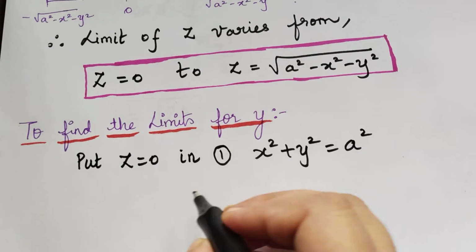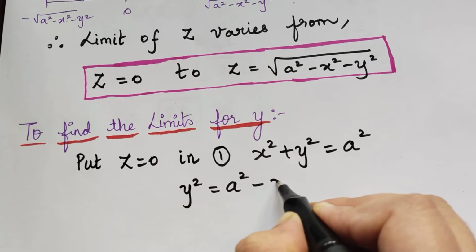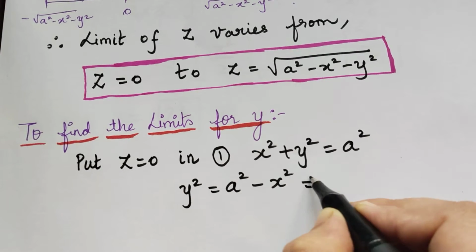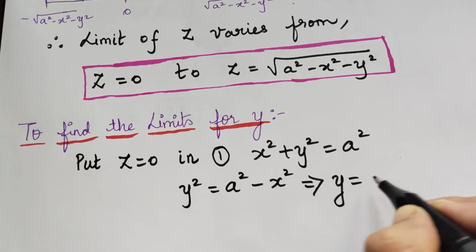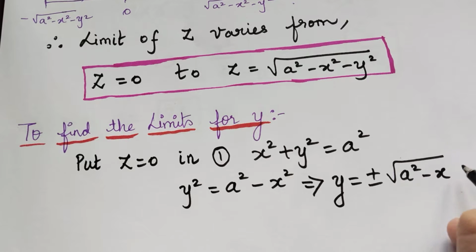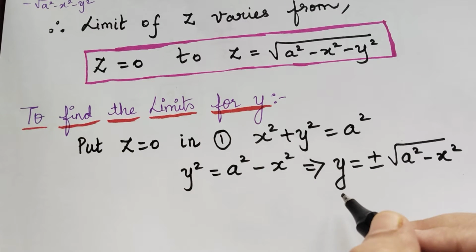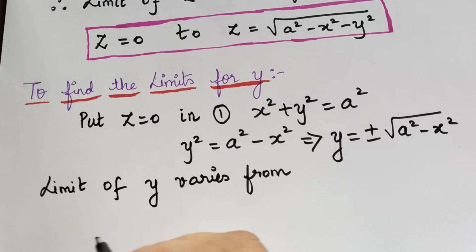Now from this we will be getting y square equal to a square minus x square, which implies y is equal to plus or minus square root of a square minus x square. Using the same fact that we are considering only the positive octant, the limit for y varies from y equal to 0.